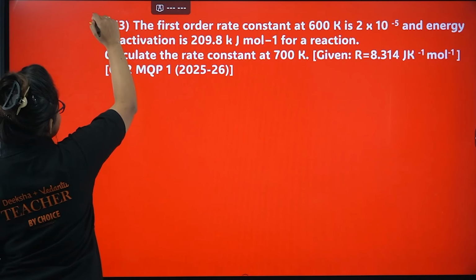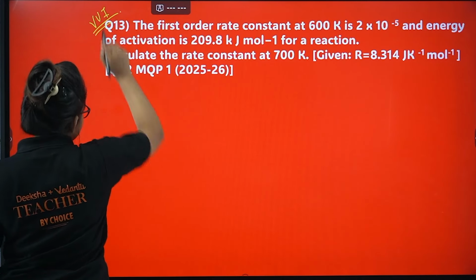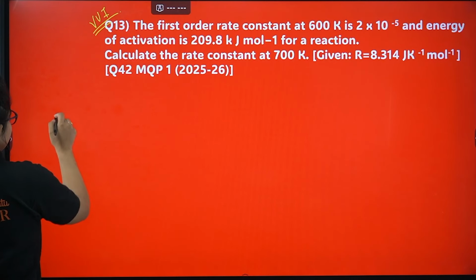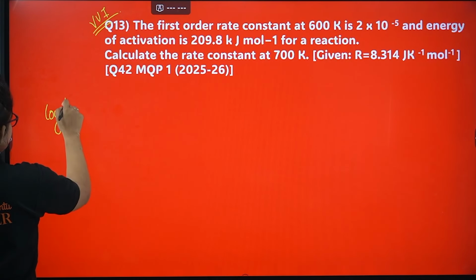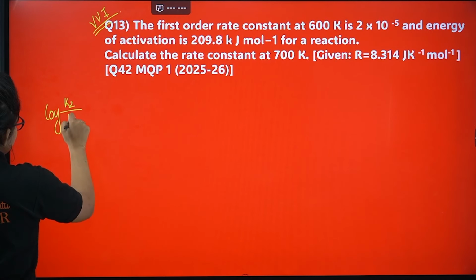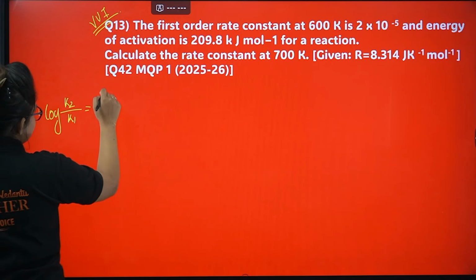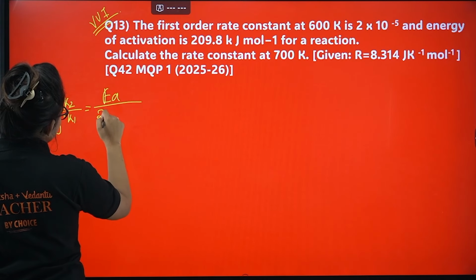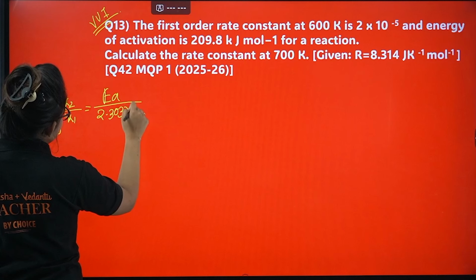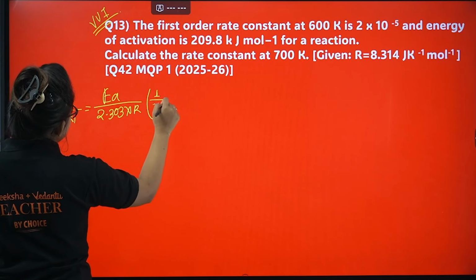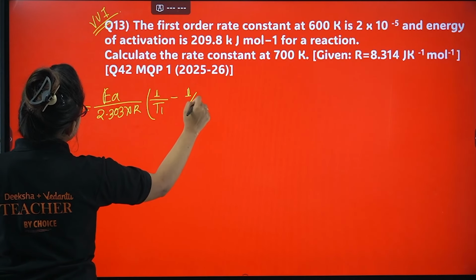Okay, so this is a very, very important problem. Here again we will start with the Arrhenius equation. Log K2 by K1, actually you have to find K2 here. At 700 Kelvin what is the rate constant, right? So EA divided by 2.303 into R, 1 by T1 minus 1 by T2.